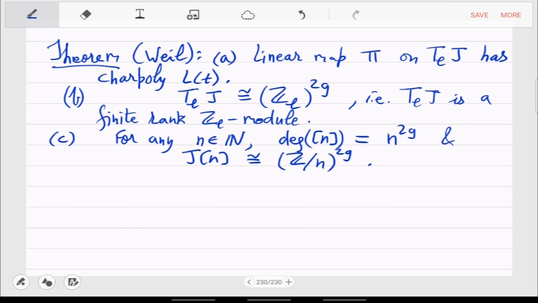Okay, so B was for L prime, C is for the composite n, but it's the same result. So you can count now how many n torsion points there are. They are exactly n to the 2g, and that group is basically 2g many cycles of Z mod n. So these are the structure theorems that Weil obtained with the cohomological interpretation.